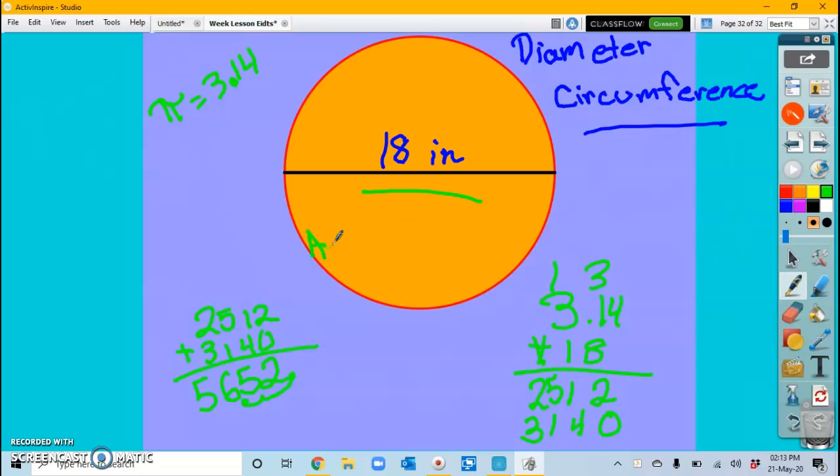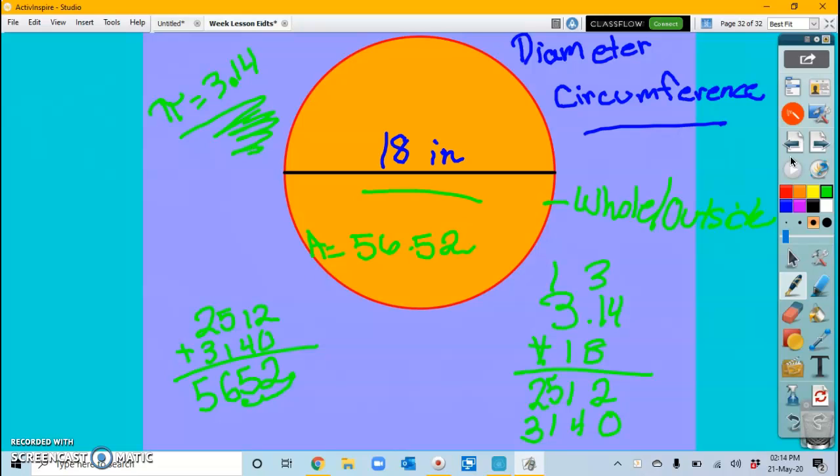So your answer is going to be equal to 56.52. So basically, to find the circumference of the whole circle, the whole outside, you multiply the diameter and pi, which is equal to 3.14. Make sure it is never a different number. Pi is always equal to 3.14.